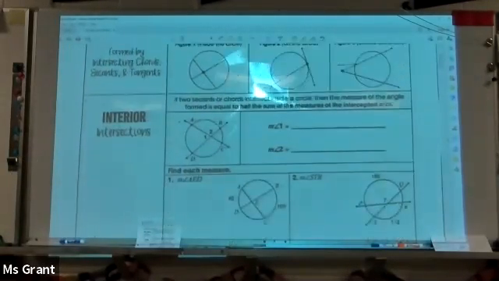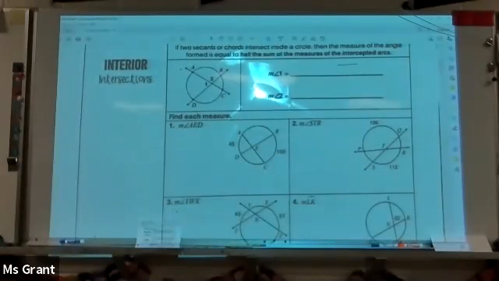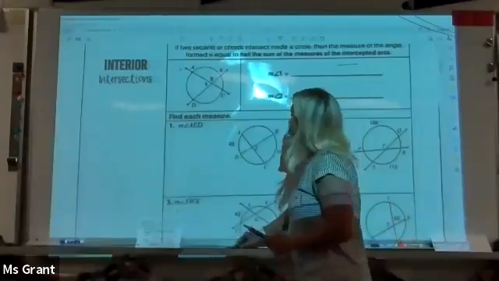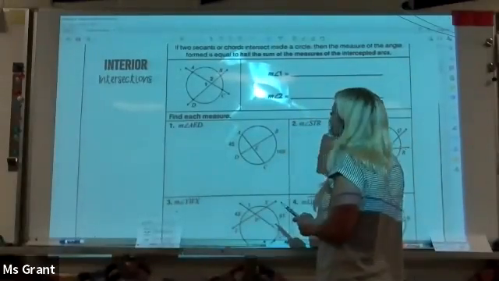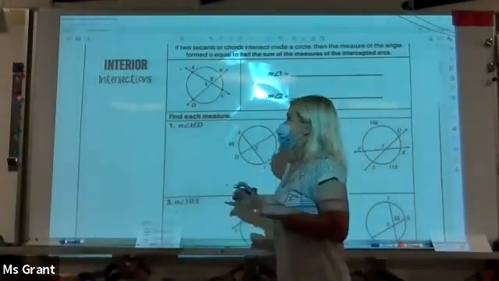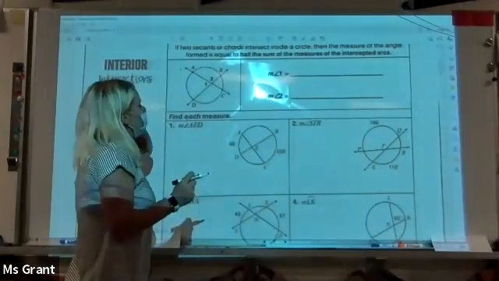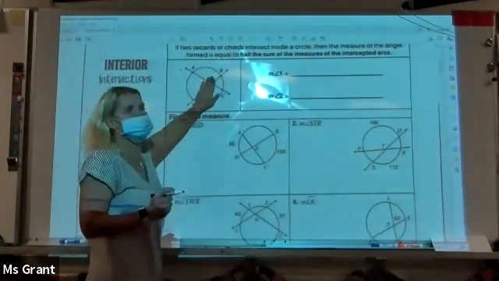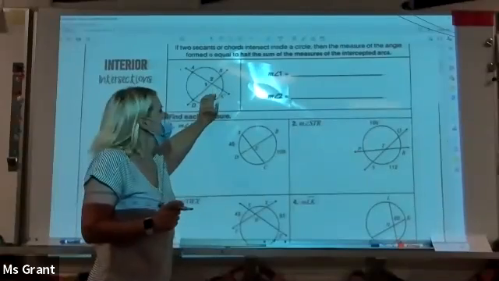If two secants or chords intersect in a circle, then the measure of the angle formed is equal to half the sum of the two arcs it was created from. Two chords are intersecting in this circle.